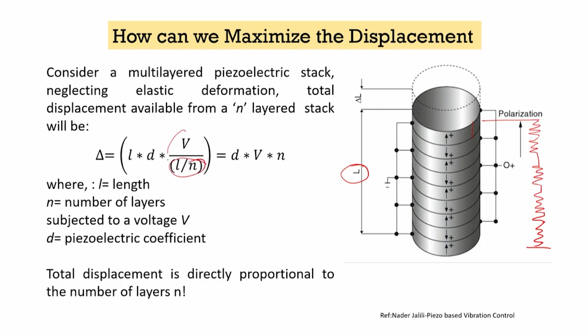This will give you a high electric field E, multiply it by d, the electromechanical coupling coefficient, and you get the strain. Strain times the original length L gives the complete deflection in the system. You will see that this is dVn, which means the larger the number of discs with the same voltage, the more displacement you can get, because it is simply a function of the layer number n.